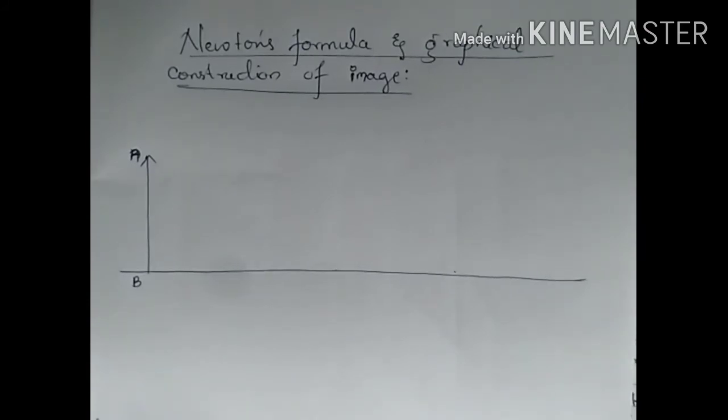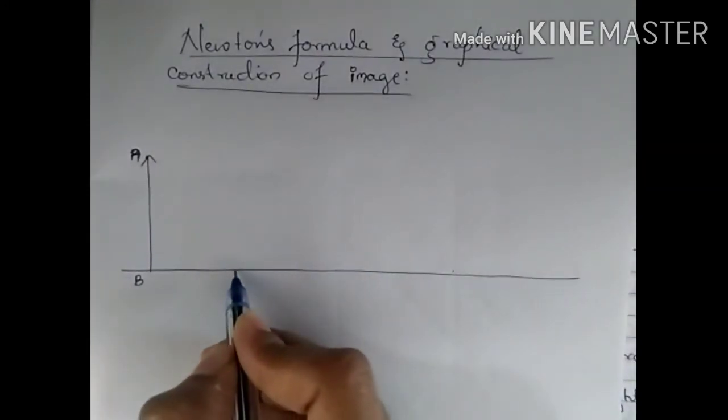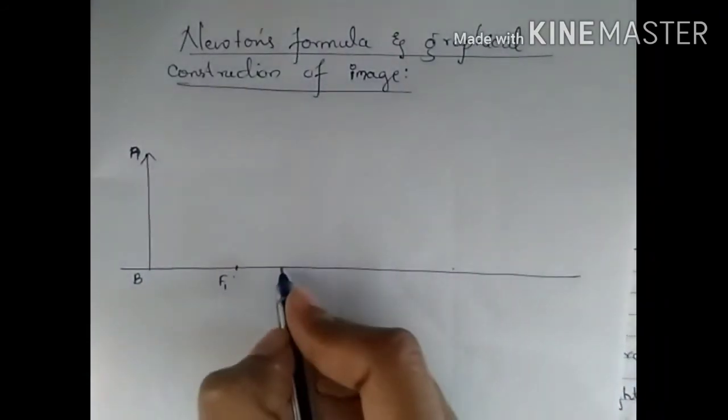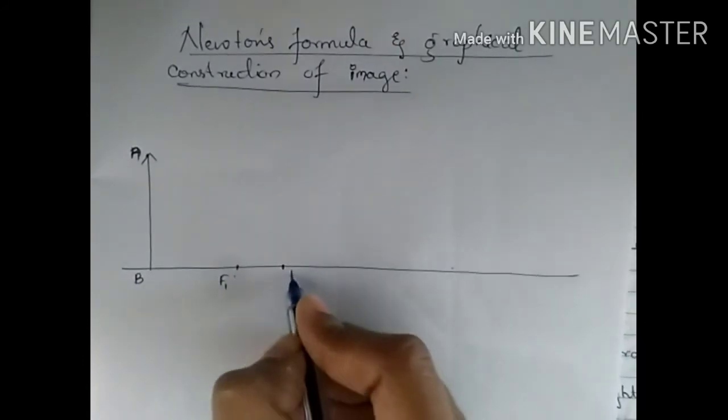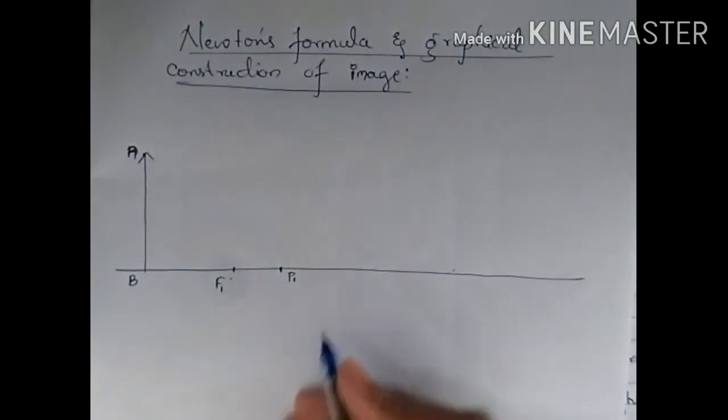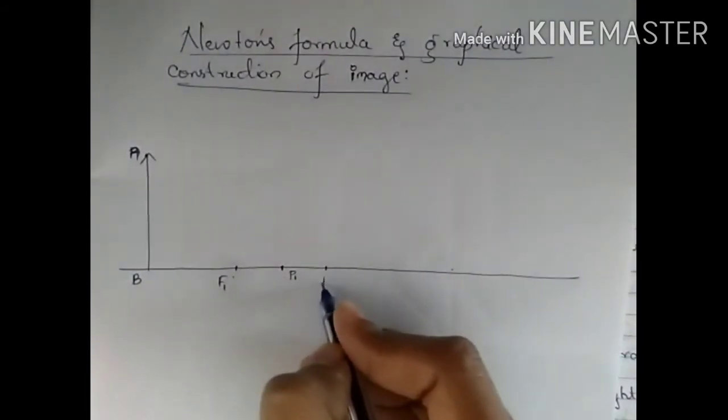So before drawing the refracted rays or the incident rays, let us draw the principal planes and principal points and focal planes and focal points. So let this be the focal point F1 and let this be the principal point P1, and after the principal point we will have the nodal point N1.